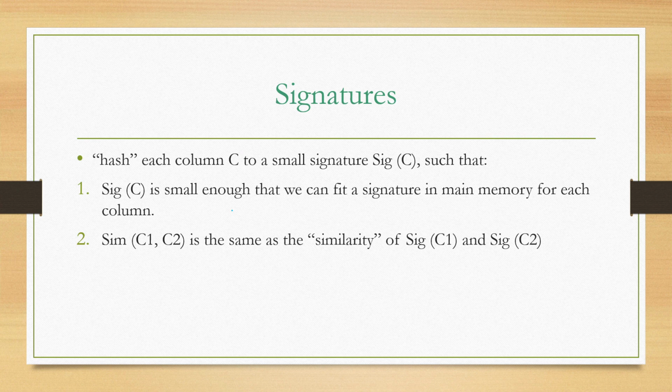These signatures should satisfy a property such that they fit in the main memory for each column, and when you try to find out the similarity for two documents, it should be the same as the similarity of the signatures of these two documents. So it should not be changing the similarity between the columns.